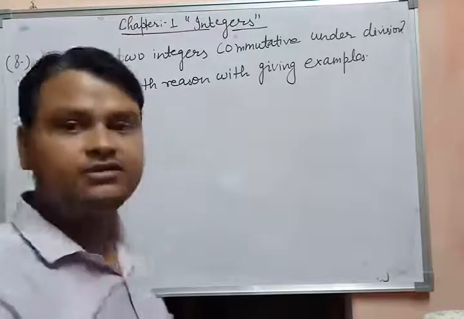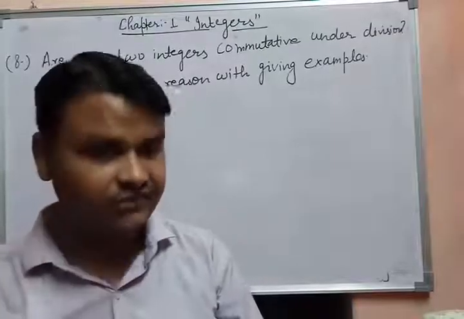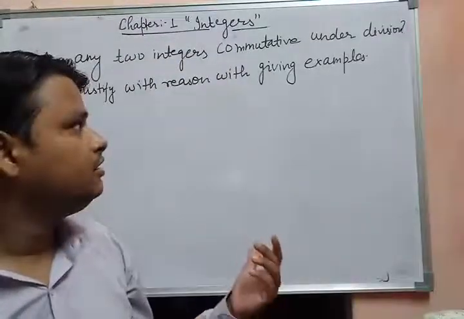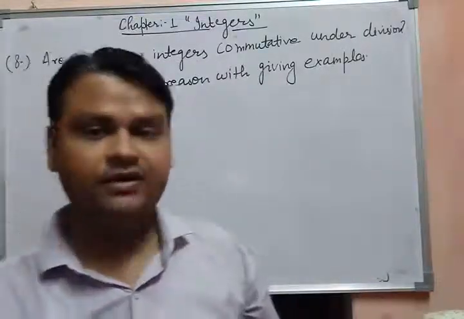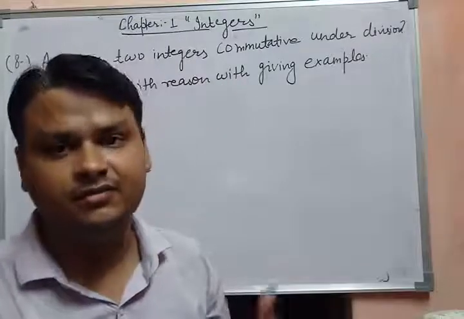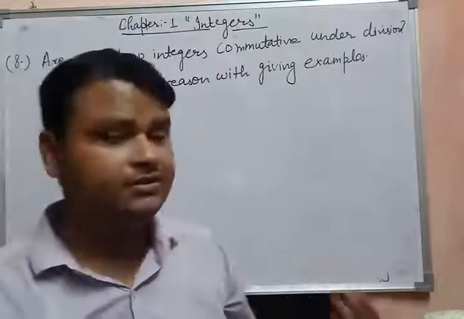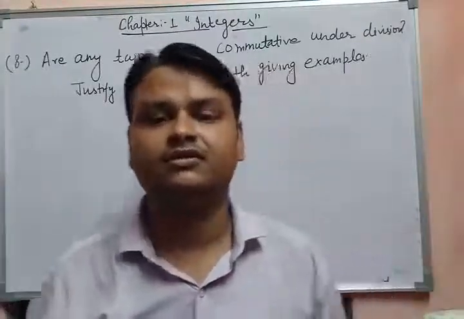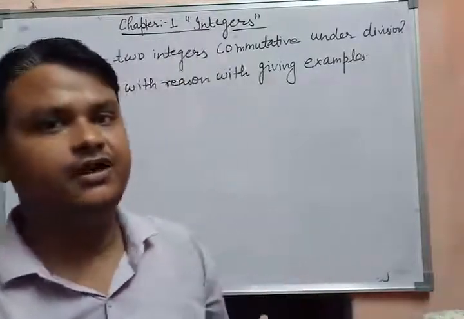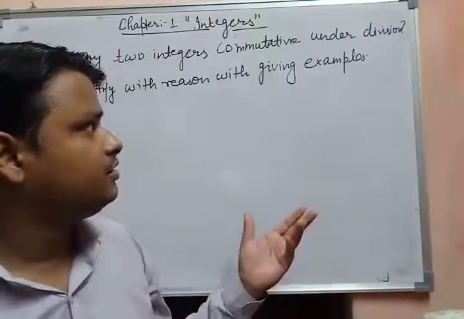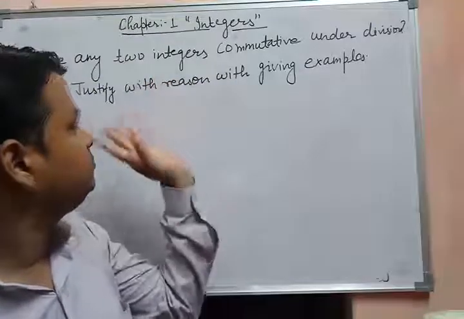In integers there are lots of properties we have taught in this chapter, just like the commutative property of addition and multiplication, and the commutative property does not hold in division and subtraction. Okay, and as well as associative property, closure property, lots of properties you have been taught in this chapter.